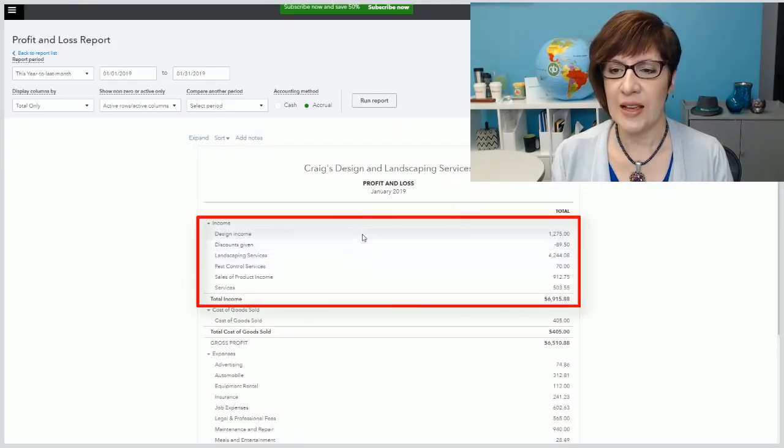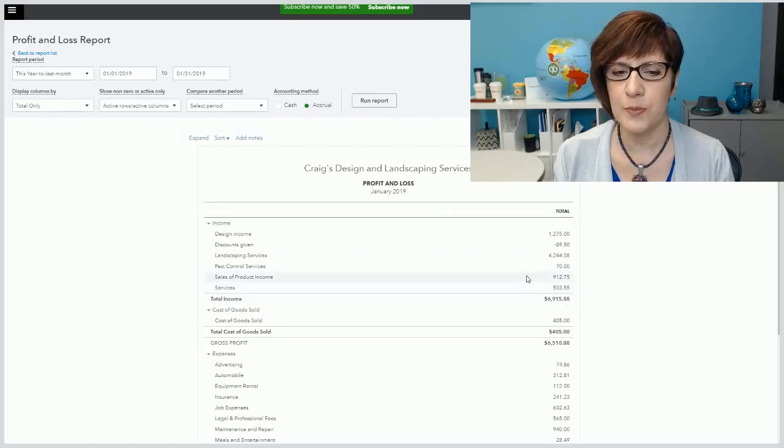Here we're looking at the income section. This is the money in section. So this is all of the money that has come in. And in this particular sample company, it's broken down by the types of income. So then you can see, in this case, how much they receive for design income versus landscaping services versus services, for example.